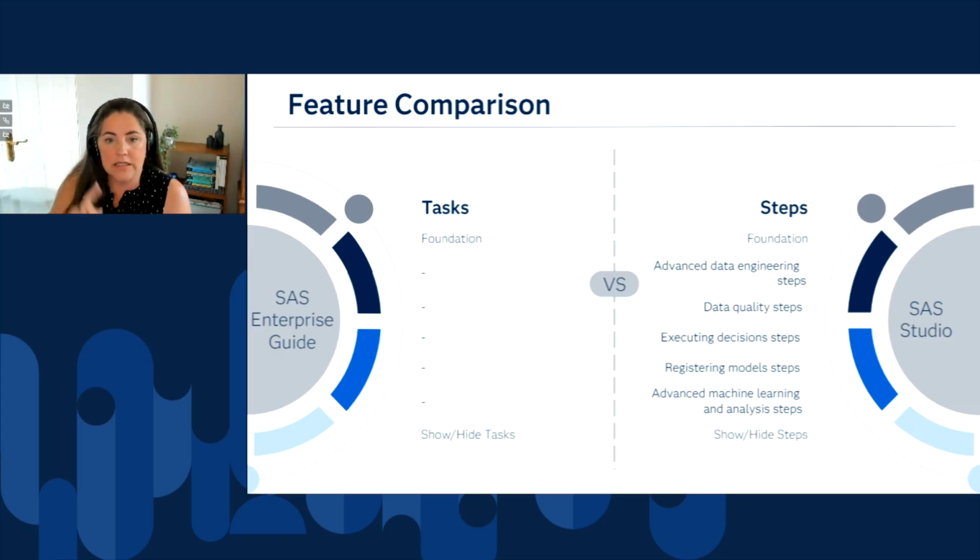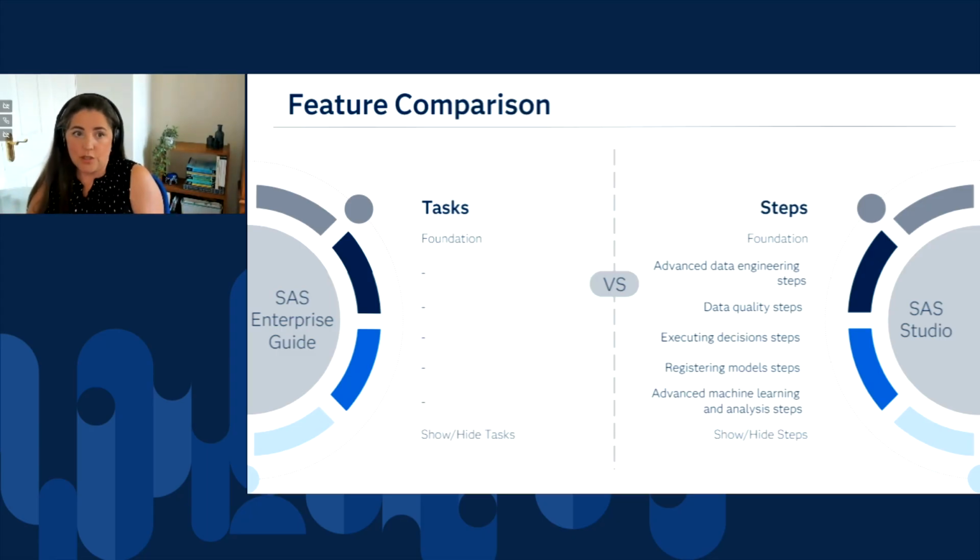So you'll find data engineering steps, data quality steps, decision steps for integrating with SAS Intelligent Decisioning, a model registration step for SAS Model Manager, and also steps for advanced machine learning and analysis. You can customize your environment in both applications by showing or hiding specific tasks or steps. In SAS Enterprise Guide, this requires admin setup and a metadata server, but in SAS Studio, it is user configurable.